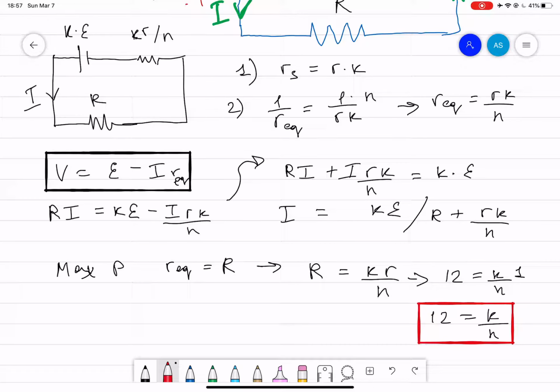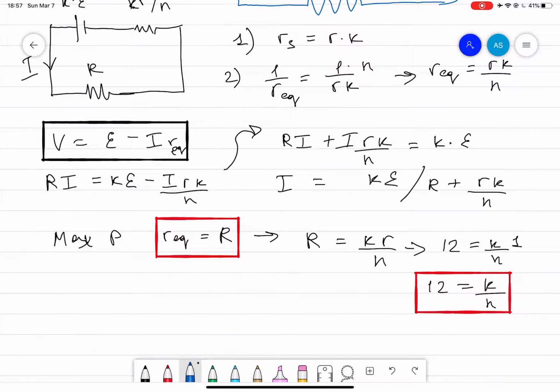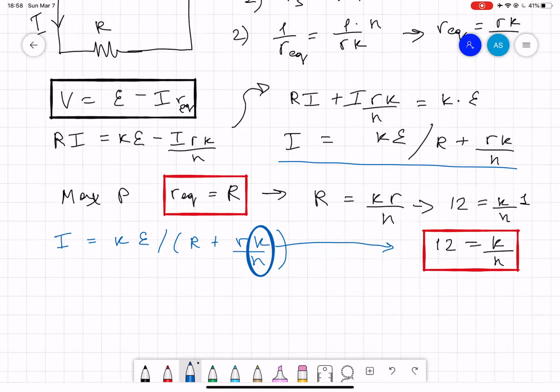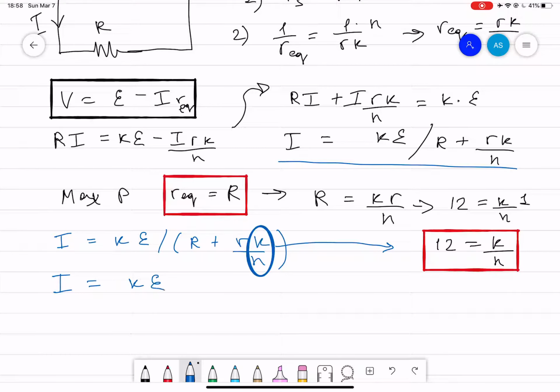Since we said that in order to achieve maximum power, r equivalent has to be equal to R, we come back to the equation where I was equal to K EMF divided by R plus rK over N. Since we know that K over N is equal to 12, we can write that I is equal to K EMF divided by R plus 12, and small r is equal to 1 ohm.